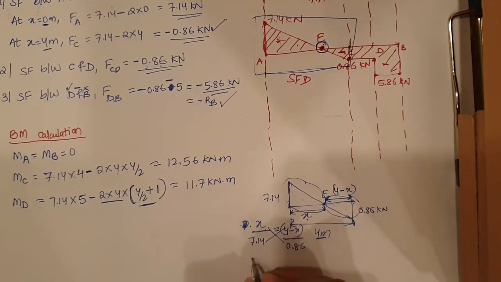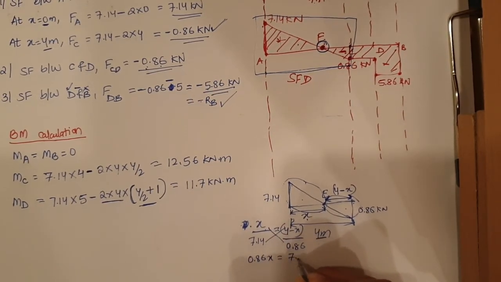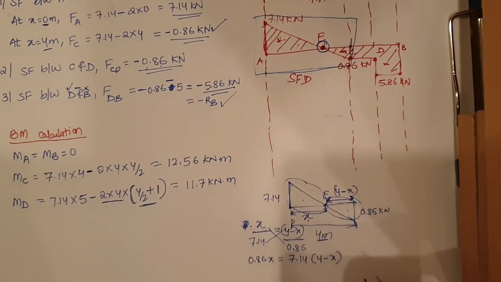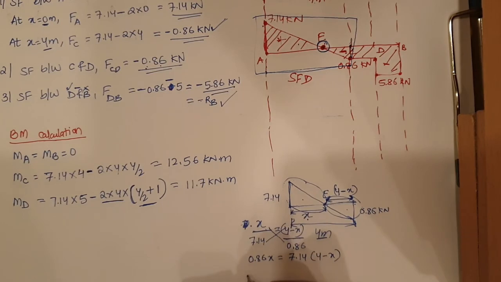I cross multiply, so I'll get 0.86x equals 7.14 into (4 minus x).